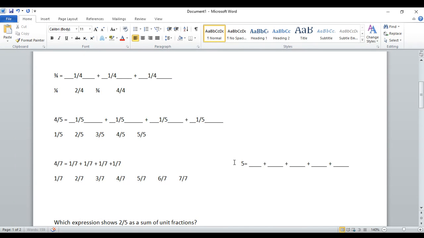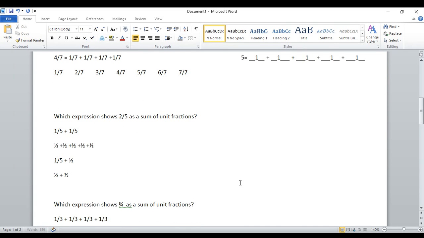What are we going to put in there? There's 5 blanks, so we're going to put 1 in each one of these, because the smallest unit we can break whole numbers into is a 1. The smallest unit we can break fractions into is 1 over the numerator that we're given. I hope that didn't muddy the water.